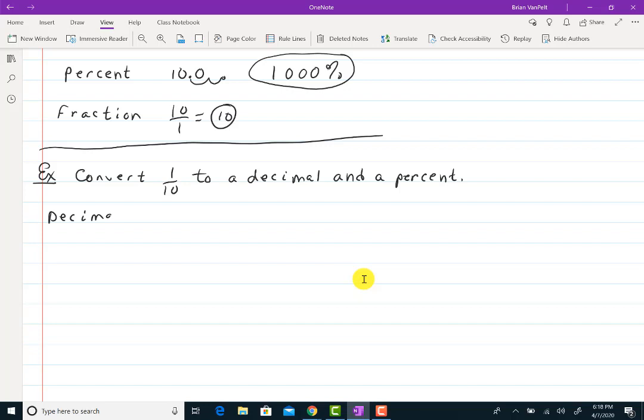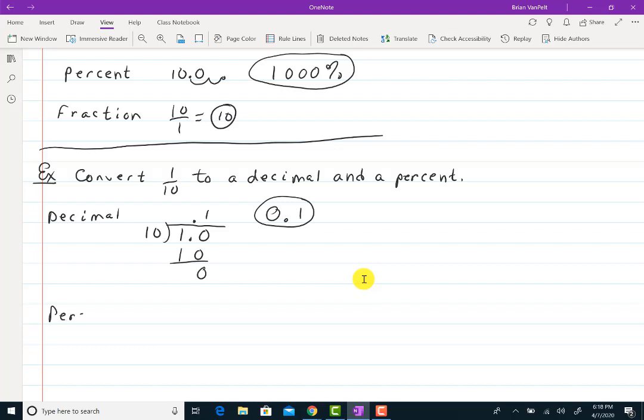Once I get the decimal, everything else is really simple to do. So for my decimal, I'm going to take 10 and divide it into 1.0. And 10, of course, goes into 10 one time with a remainder of 0. So we get 0.1 as my answer for the decimal.